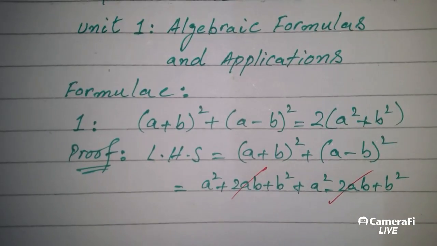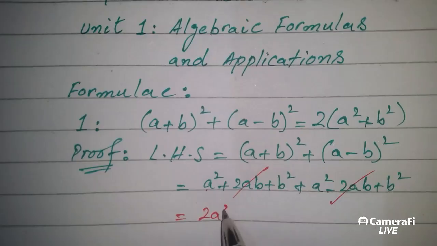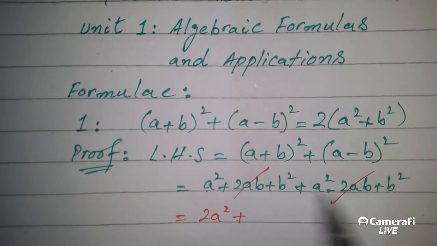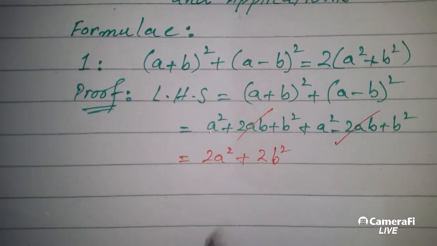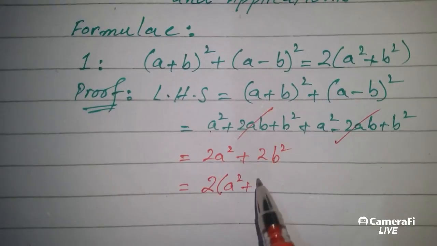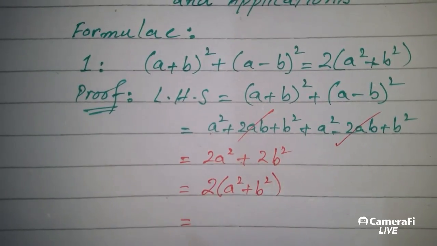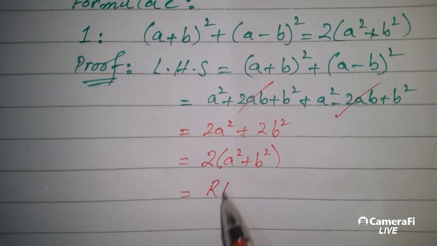These terms cancel out. A square plus a square becomes 2a square. B square plus b square becomes 2b square. Now 2 can be taken as a common factor, and this is exactly the right hand side.